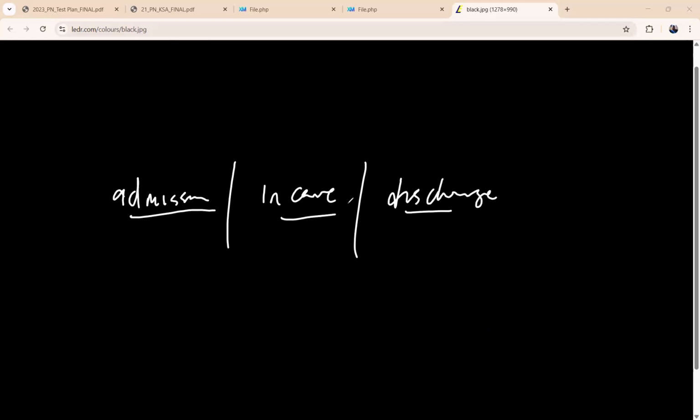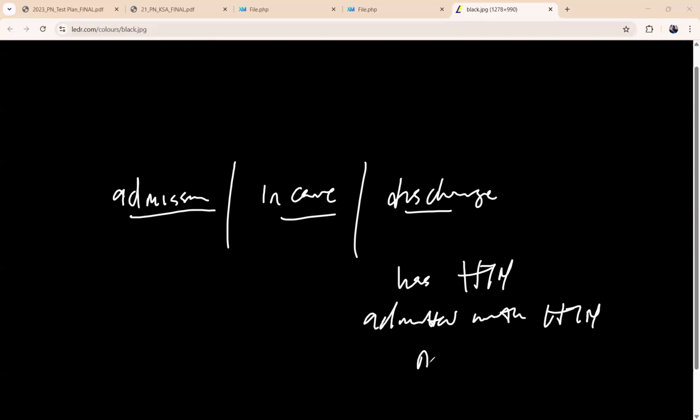Right. Sometimes NCLEX can write certain questions in different ways. NCLEX can say a client who has hypertension. NCLEX can say a client admitted with hypertension.